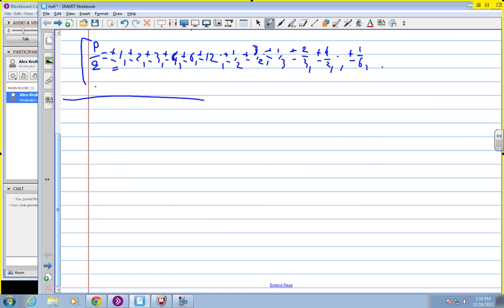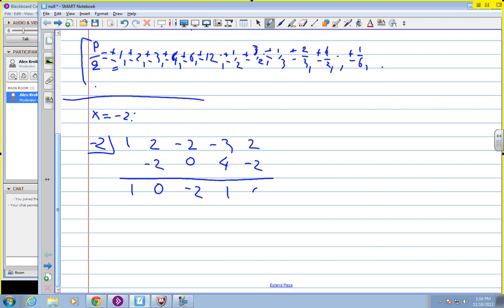So x equals -2. We put -2 on the outside. On the inside, we put all the coefficients: 1, 2, -2, -3, +2. So we'll do the synthetic division. 1, -2, 0, then 0 again, -2, 4, 1, -2, 0.